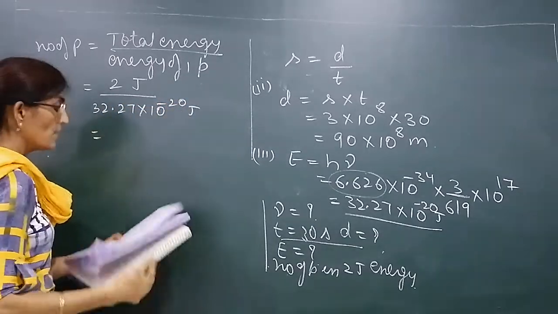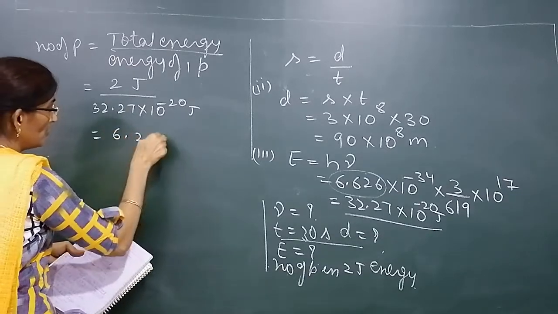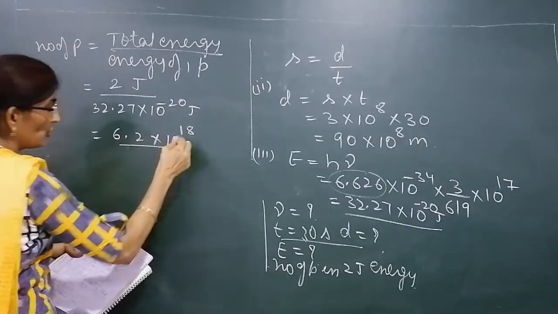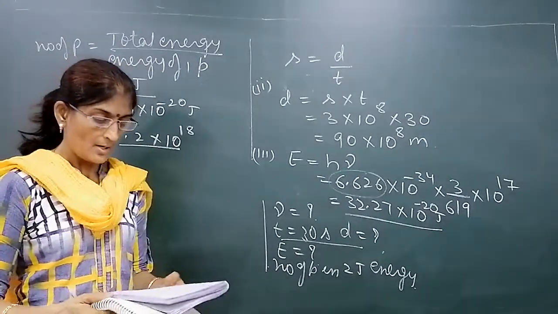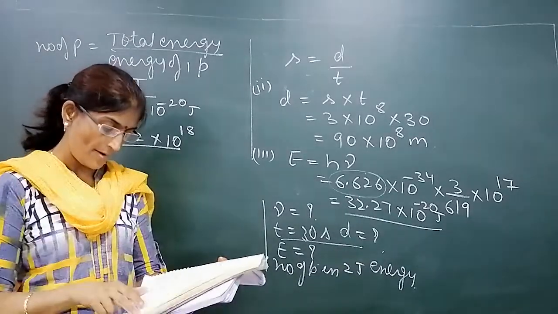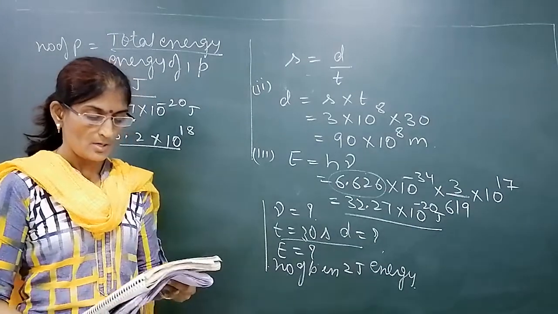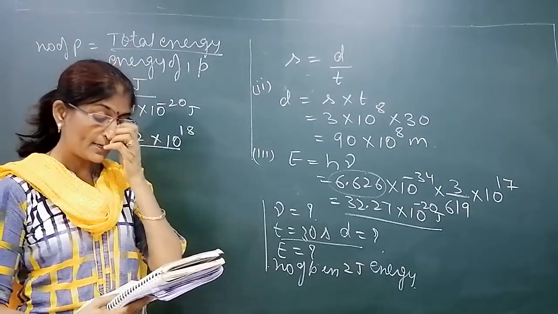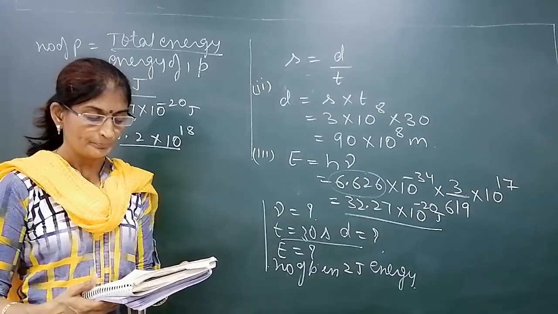Solve, and the total number of photons is 6.2 into 10 to power 18. Photon is also called quantum. Quantum means energy packet. The next question you can do; in it also you have to calculate the number of photons. Clear?